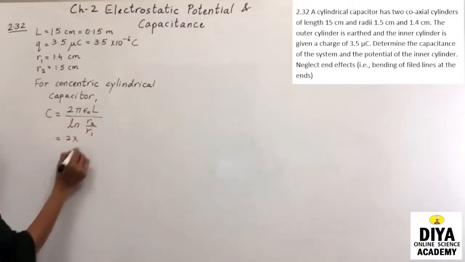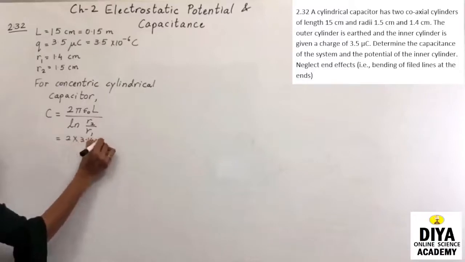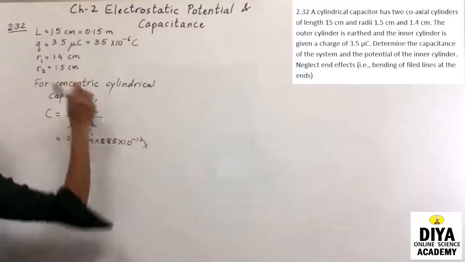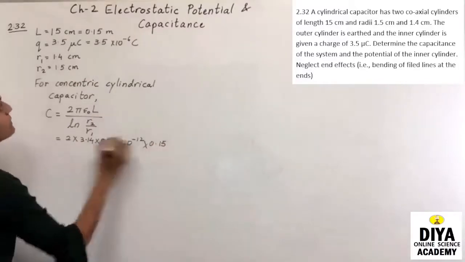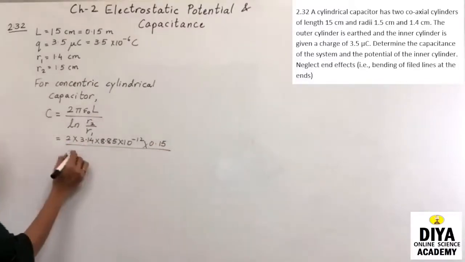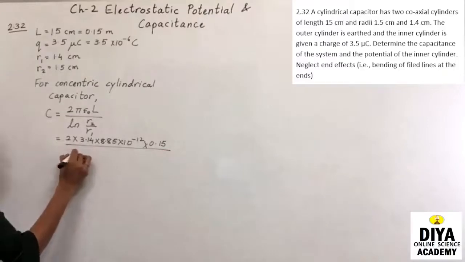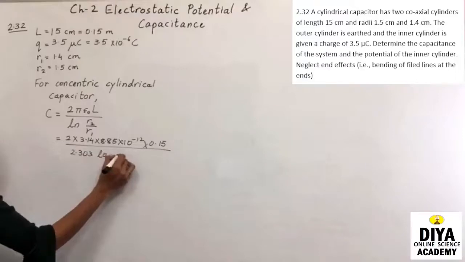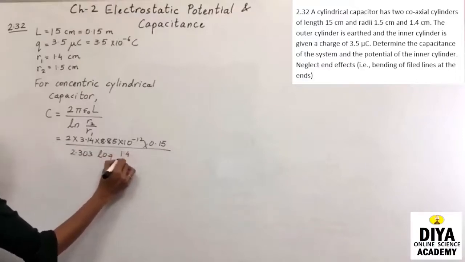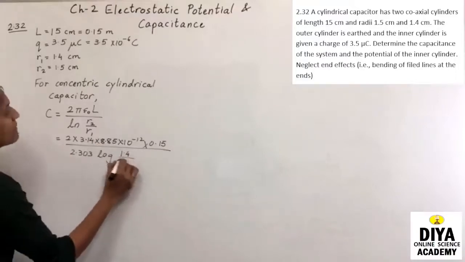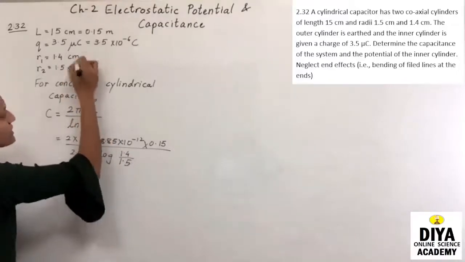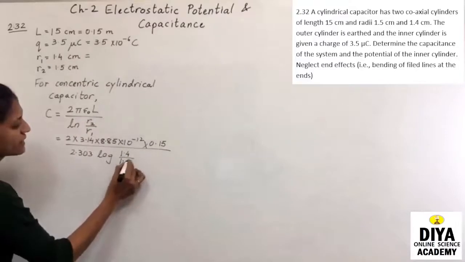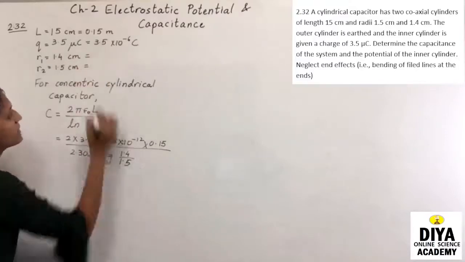So 2 into pi 3.14, epsilon 0 8.85 into 10 raised to minus 12, L 0.15 meter, divided by ln, which is 2.303 log of R2 1.4 centimeter by 1.5. I haven't converted these two into meters because anyway it will get cancelled.